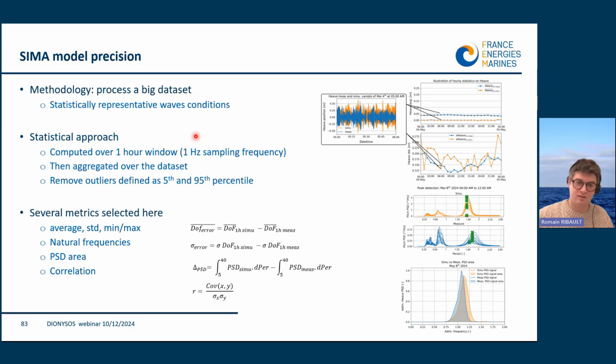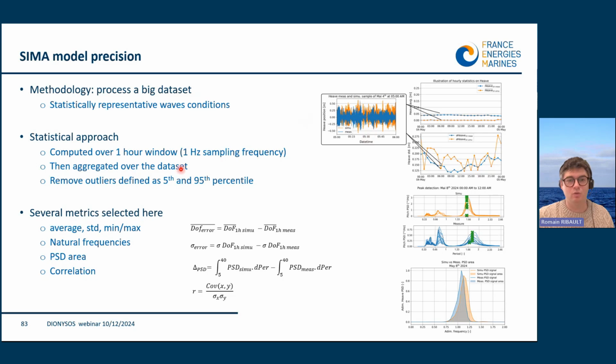We defined several metrics for comparison, and on a 1 hour time series, you can see sensor and measurements on this graph. We compute the mean, the standard deviation, and we can also compute the area of the power spectral density. An interesting trick here is that you can choose the periods you are interested in, and then we can compare simulation and measurements.